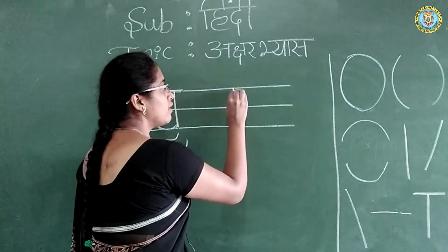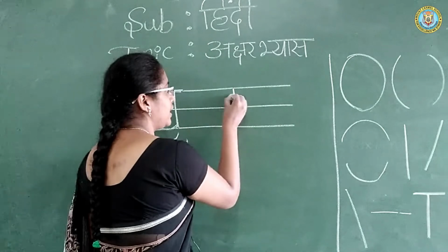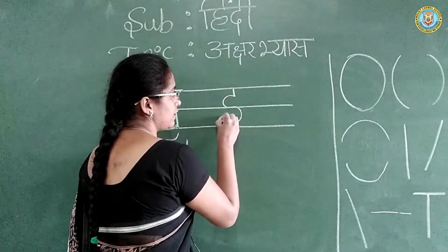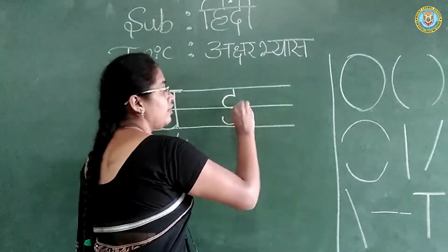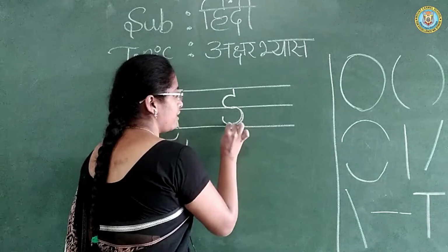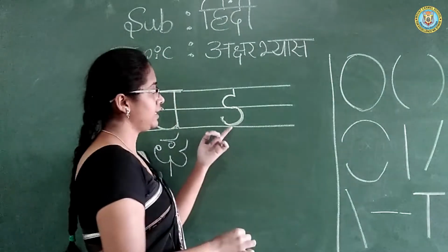Put a small standing stroke and write one S. Here left curve and right curve. You should write a big curve at the end.